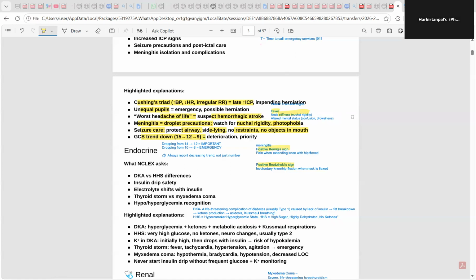Second, we check whether the client is complaining of neck stiffness or nuchal rigidity, and altered mental status. For example, if the client is confused, that means the client is not oriented well. And if the client is drowsy, that indicates some cerebral hypoxia. Meningitis means inflammation of the meninges. Meninges is the covering.